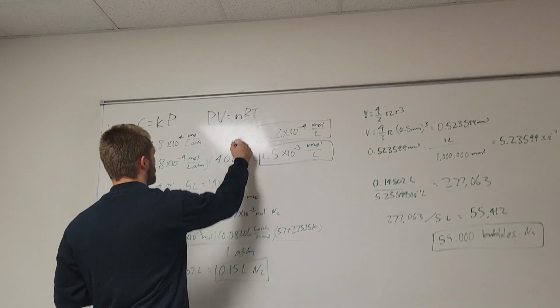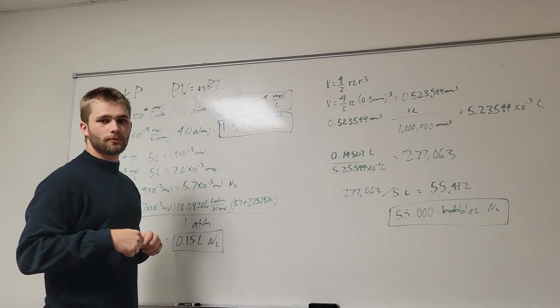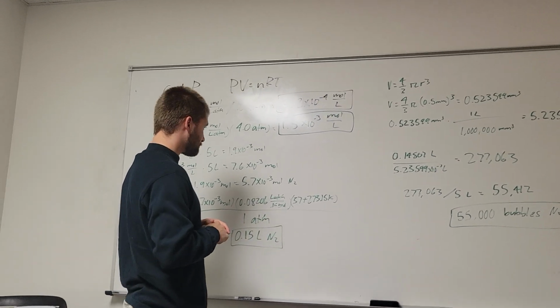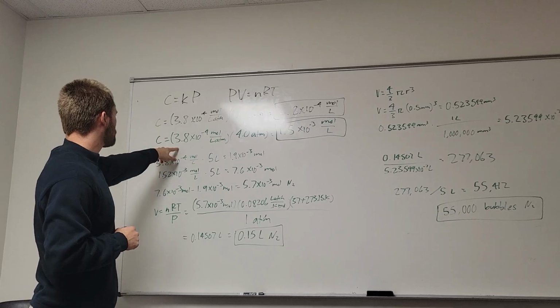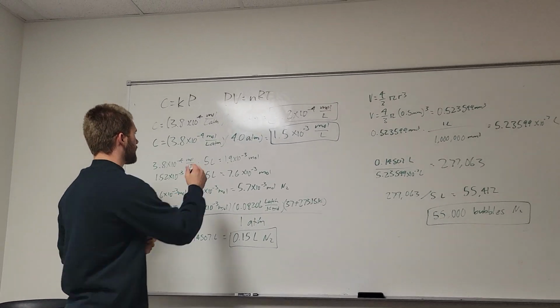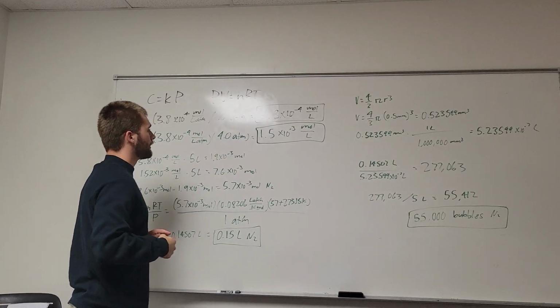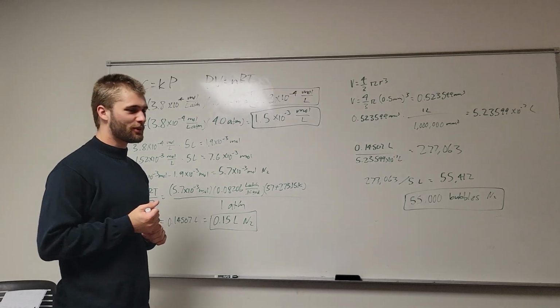The atmospheres cancel, and we get 3.8 times 10 to the minus 4 moles per liter, molarity in blood. For 4 atmospheres, we have the same equation with the same constant, 3.8 times 10 to the minus 4 moles per liter atmosphere times the 4 atmospheres of pressure, giving 1.5 times 10 to the minus 3 moles per liter.